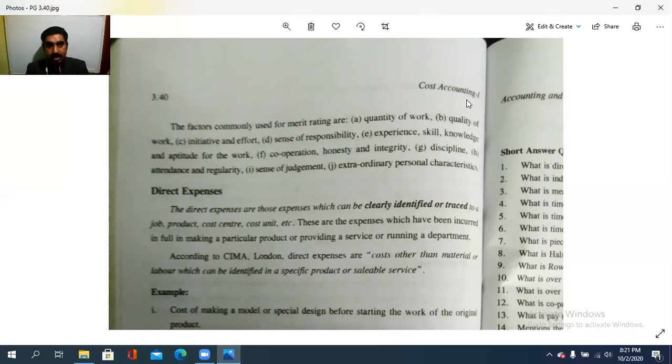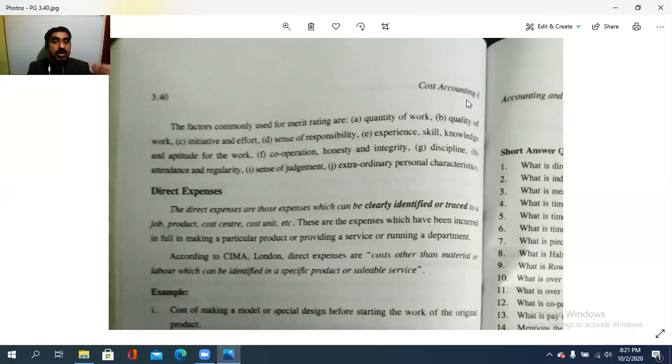Work quantity is there, quality is there, initiative and effort done by the workers is there, responsibility to take it, experience to be gained, the skill with which the worker works, the knowledge the worker has, the aptitude for the work.